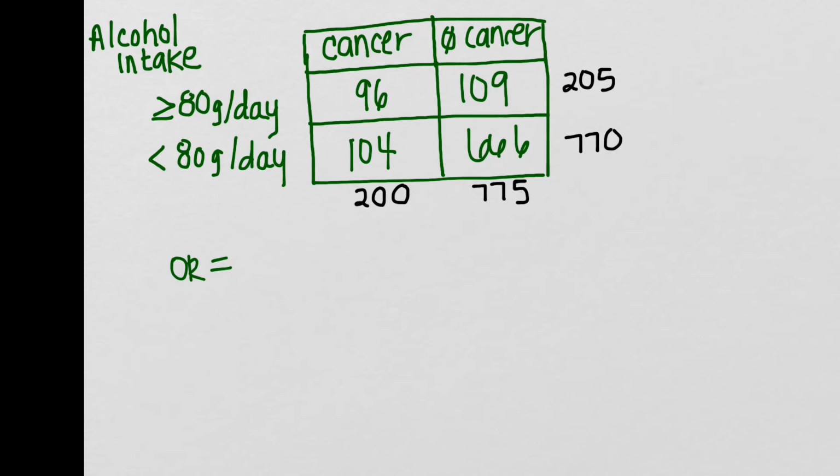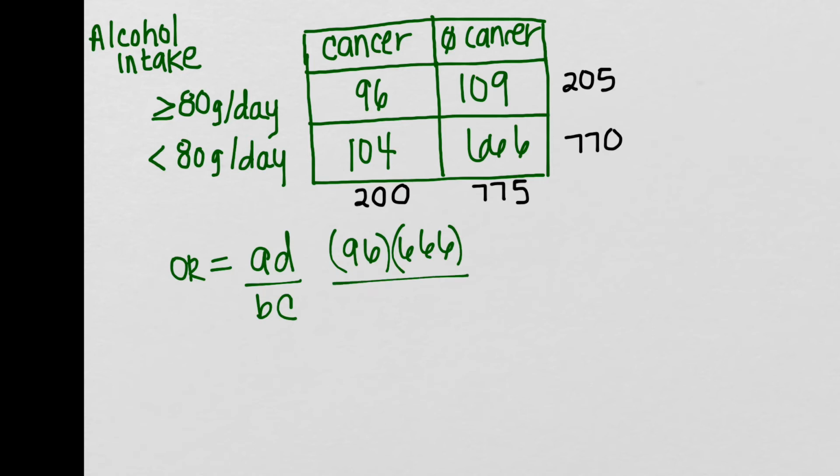So it's going to be cell A times cell D divided by cell B times cell C, right? When we calculate this with the numbers in this actual table, it's going to be 96 multiplied by 666, sorry about that number, divided by 109 multiplied by 104.